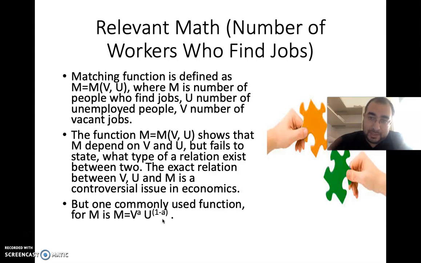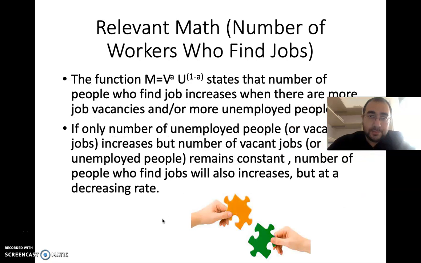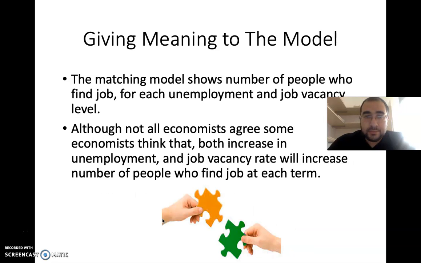If this is the case, and the number of unemployed people is more than vacancies, then at the end, some people will remain unemployed. So, as I said, by using the matching function, you can calculate the steady state conditions.